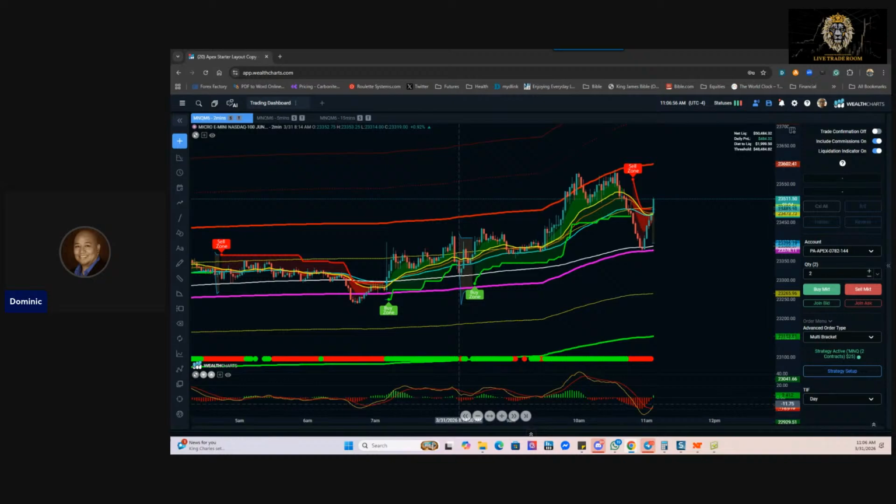So let's see if I can switch that. No, I'm done with that. I don't want to be messing around with that one, with Wealth Charts. Let's see if we can switch share. And this is the Phantom, with the Phantom indicator. So anyways, let's see if I can switch my view, and we can call it quits after this.